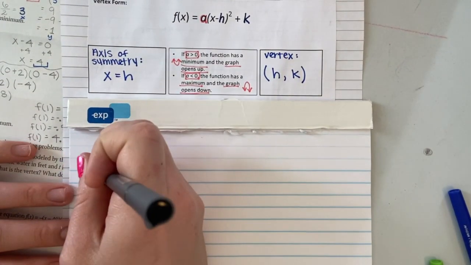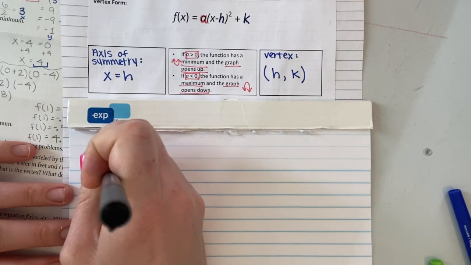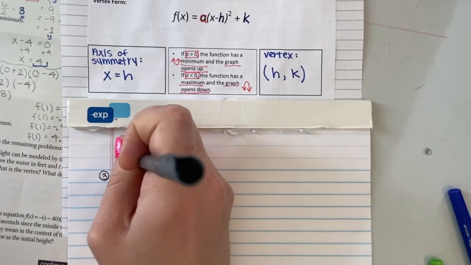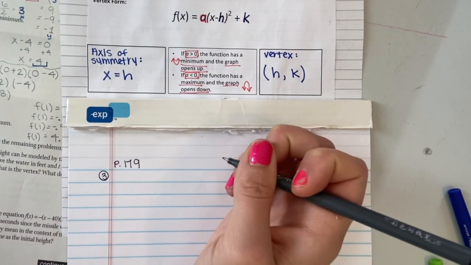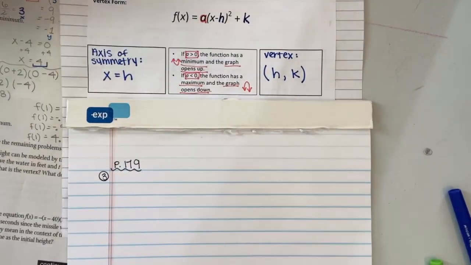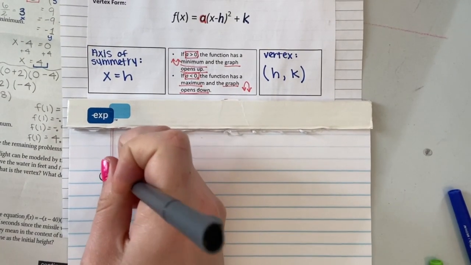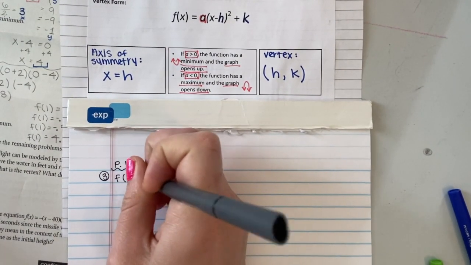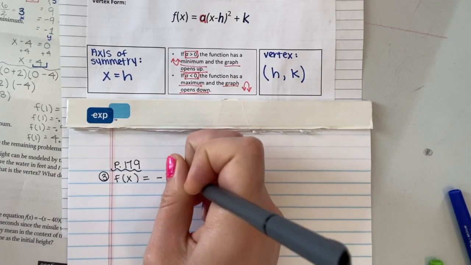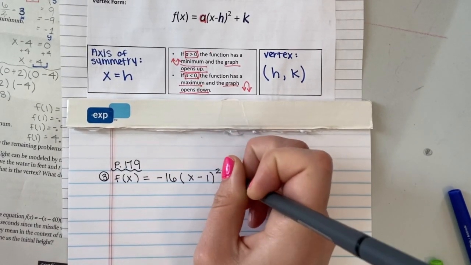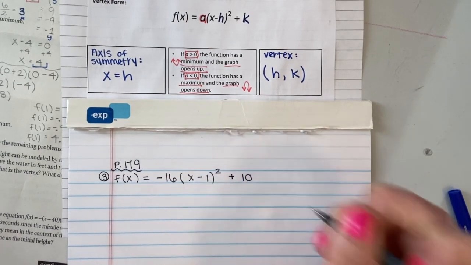So the example I'm going to do for this one is from page 179, and it's number 3. What this problem looks like is it says f of x equals negative 16 times (x minus 1) squared plus 10.